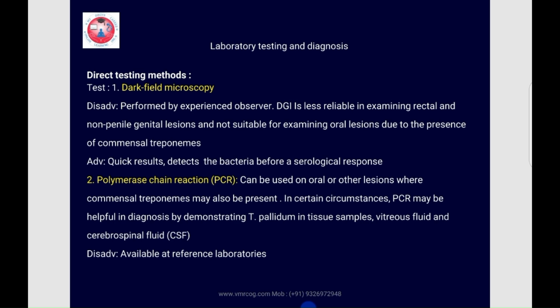So the disadvantage of dark field microscopy can be overcome by PCR, where it can be used for oral as well as other lesions where commensal treponemes are also present, and in certain circumstances PCR may be helpful in diagnosis by demonstrating Treponema pallidum in tissue samples such as vitreous fluid, CSF, etc. But the disadvantage is that it is available only in the reference laboratories. So for direct testing methods we have two things. One is direct dark field microscopy, and second is polymerase chain reaction.